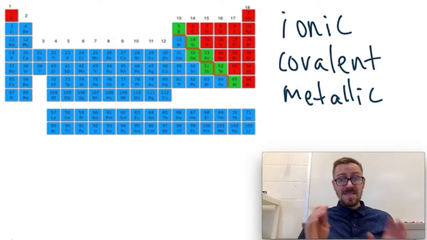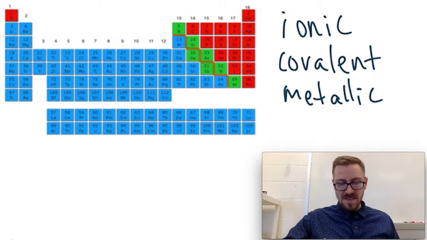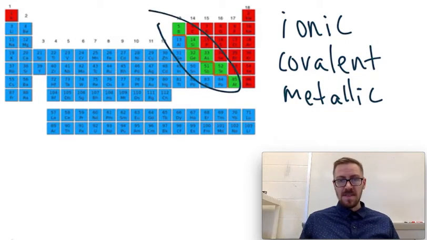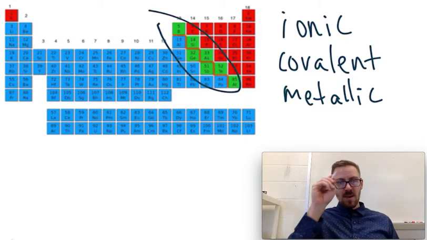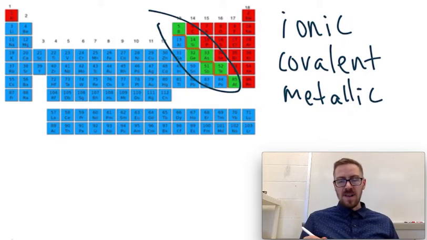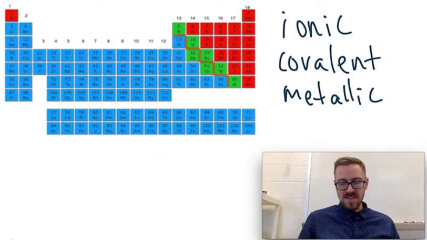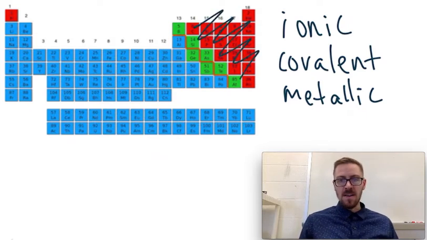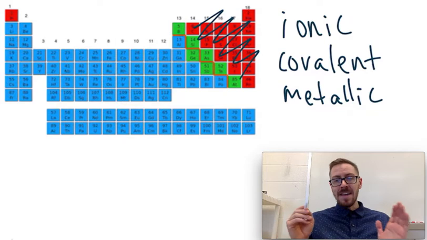So the periodic table is kind of broken up in half by this little zig-zag stair-step looking thing. That little orange line that kind of zigs and zags through the right side of the periodic table. Anything on the right side of it, so all these elements over there, are called non-metals.